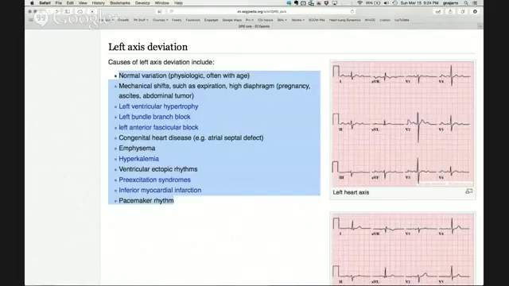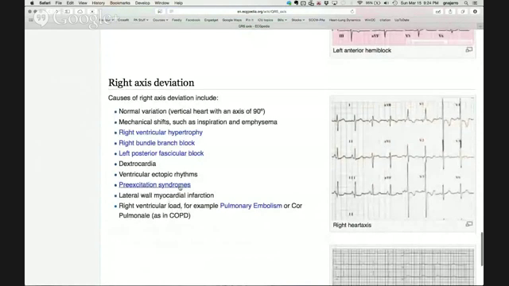Hypertension, which isn't on here, but it would be. Or anything that disrupts the conduction down the left side could cause a left axis deviation, right? Because a left bundle branch block can cause a left axis deviation. Anything that causes right-sided pressures to go up can cause right axis deviation.